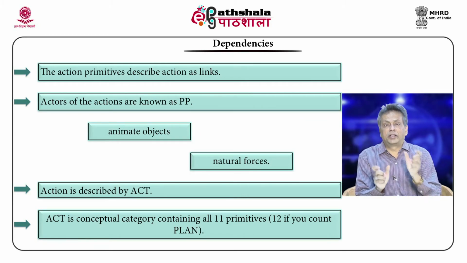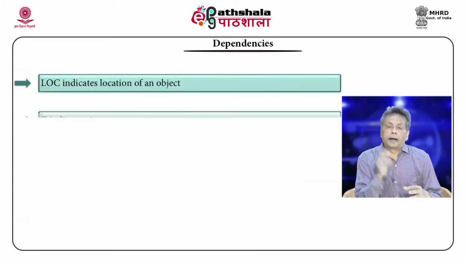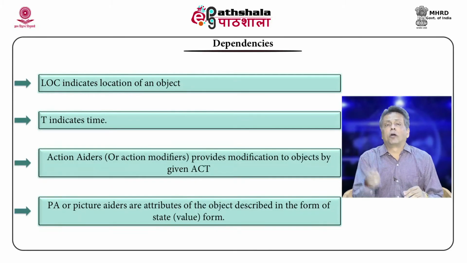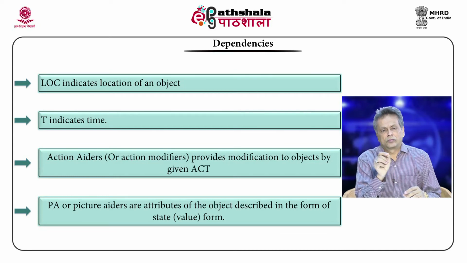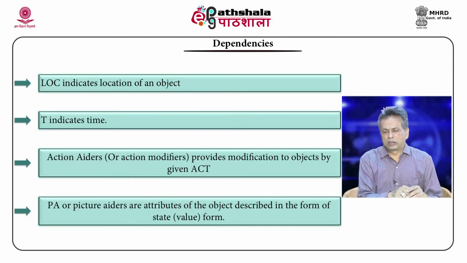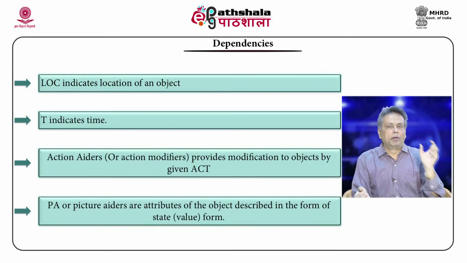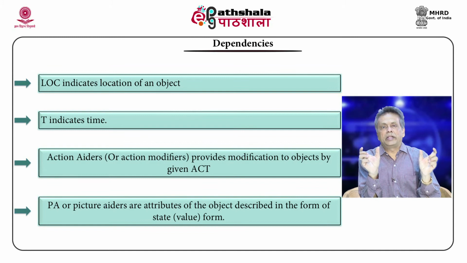Action is described by this primitive, and many times it is called ACT or action. Dependencies can also be modified using some small indicators. One is called LOC or location, which tells where this thing happened. For example, Milkha Singh ran is Milkha Singh and PTRANS, and the object is himself.